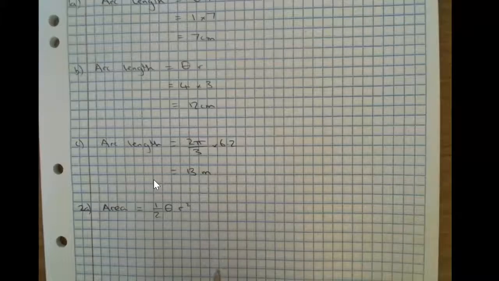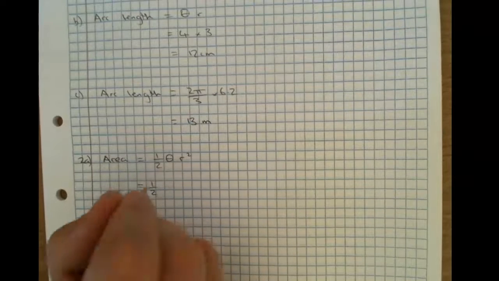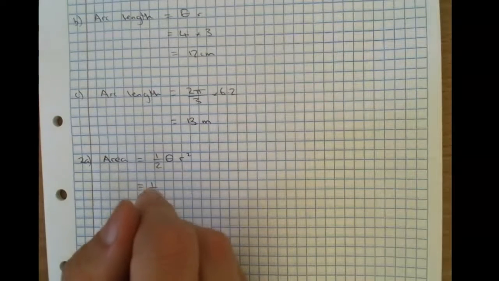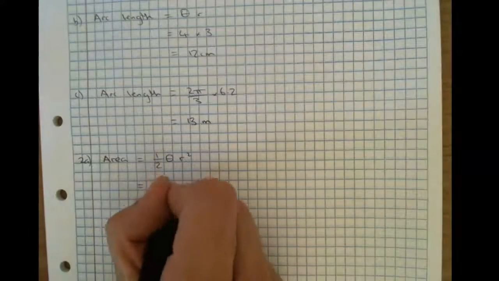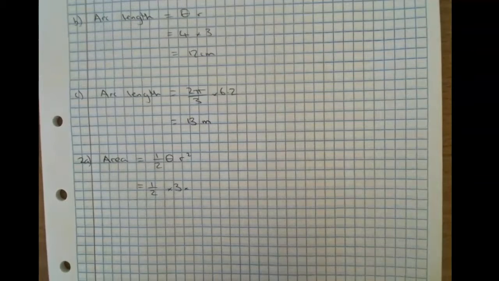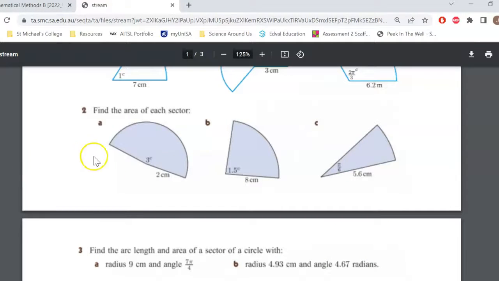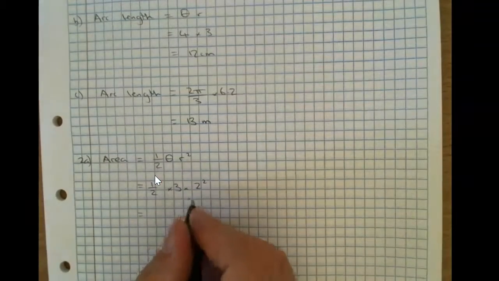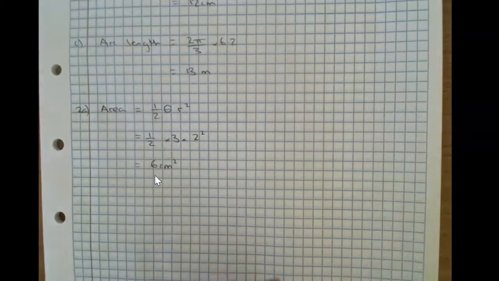So the area is going to be a half times 3 radians times 2 squared, which is a half times 3 times 4, which is going to be 6 centimeters squared.